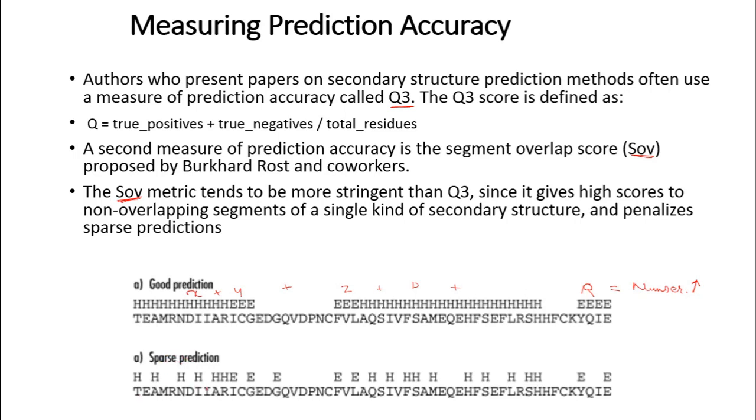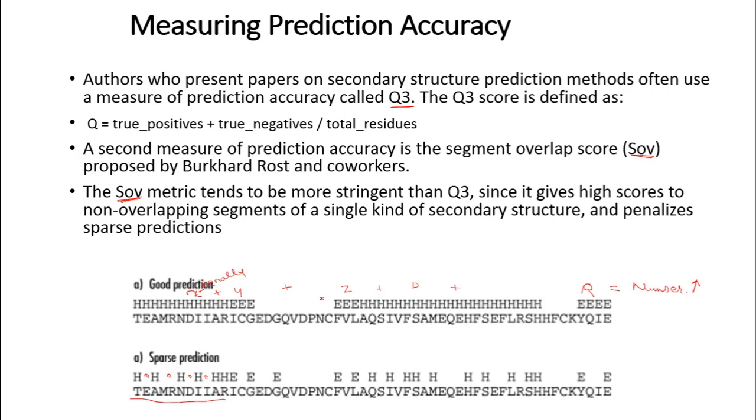From here to here it could be a helix, but these amino acid residues are not predicted as a helix. Is it okay? Yes sir. What you will do is subtract some penalty from this x.